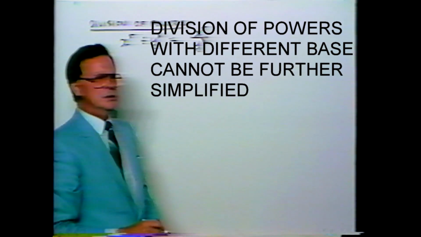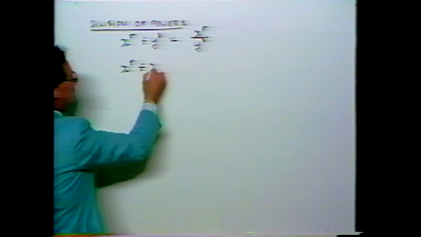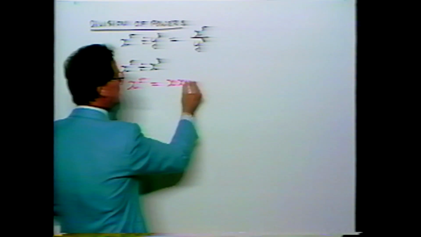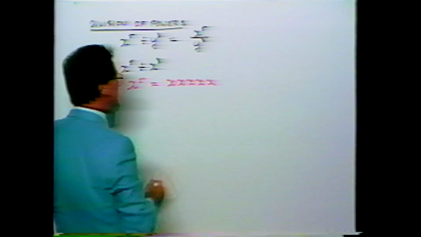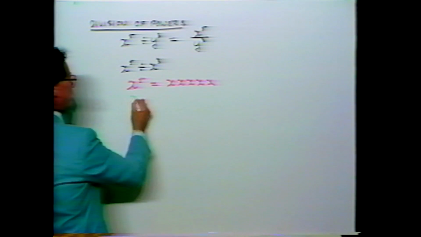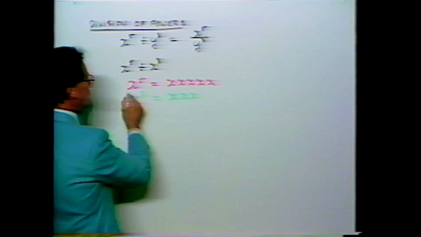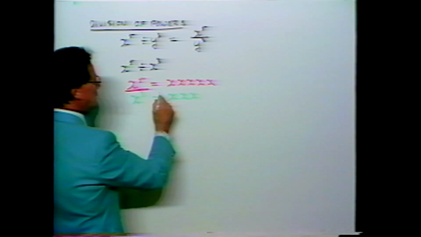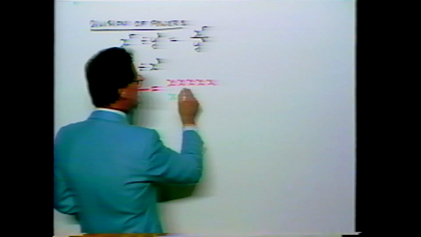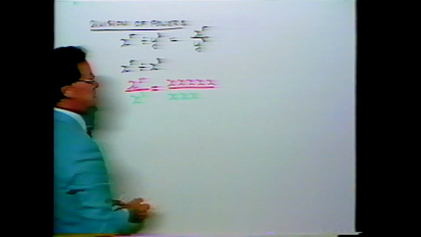But for two powers such as x to the 5th divided by x to the 3rd, this is equal to x times x times x times x times x, five times, divided by x times x times x, written out as a fraction.